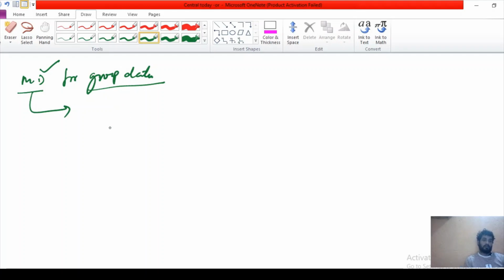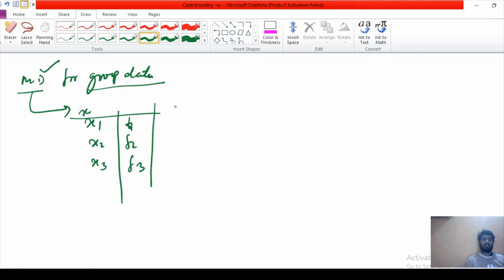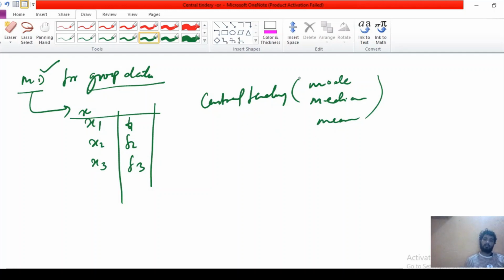For mean deviation of grouped data, suppose this one is x1, x2, x3, and this one is our frequency f1, f2, f3. So first find the central tendency, maybe mode, maybe median, maybe mean.